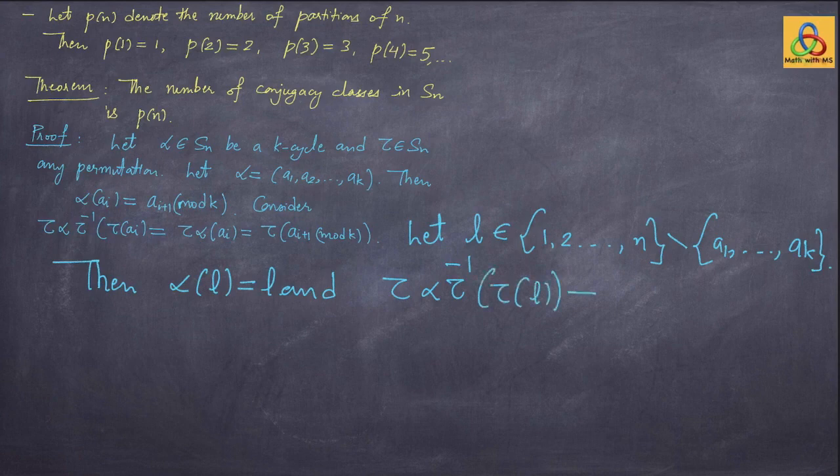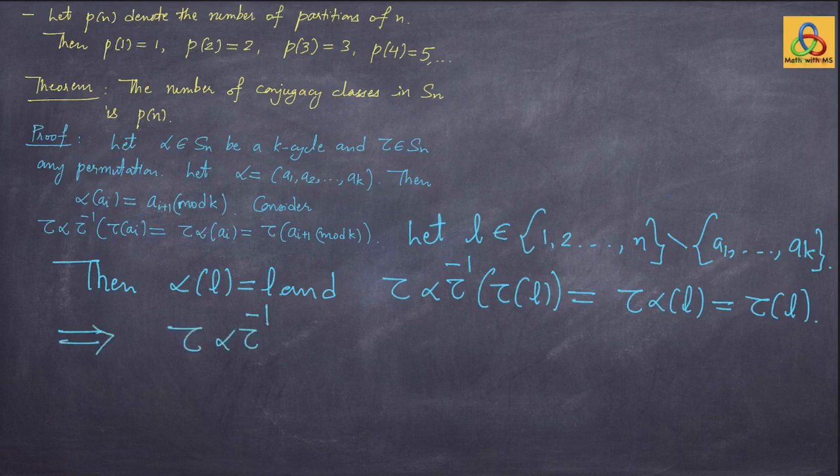This by definition is just tau alpha of L, which is just tau of L. So tau alpha tau inverse maps tau of ai to tau of a(i plus 1), and it fixes everything outside this. So this implies that this permutation tau alpha tau inverse, first of all, is a k cycle, and the cycle is of the form (tau of a1, tau of a2, and so on, tau of ak). So the conjugate of a k cycle is a k cycle. This is the observation we have made.